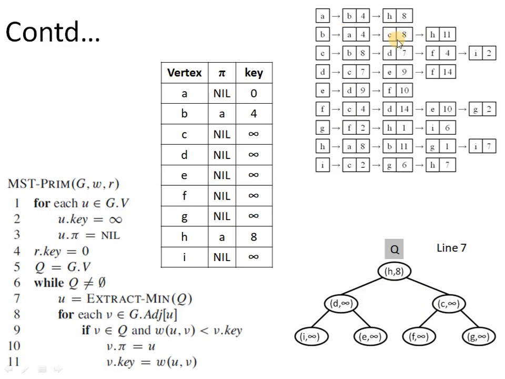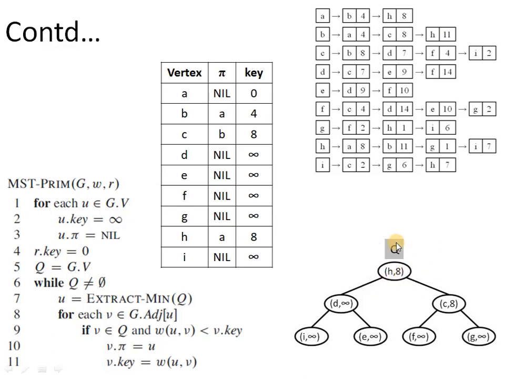Next we have vertex C. Its new weight value is 8 and previous weight value is infinity. So we have to update the heap by means of the decrease key function. Also the pi attribute corresponding to vertex C will be updated to B. And next we have vertex H, whose new value comes out to be 11, and the previous value is equal to 8. So there is no need to perform any update.